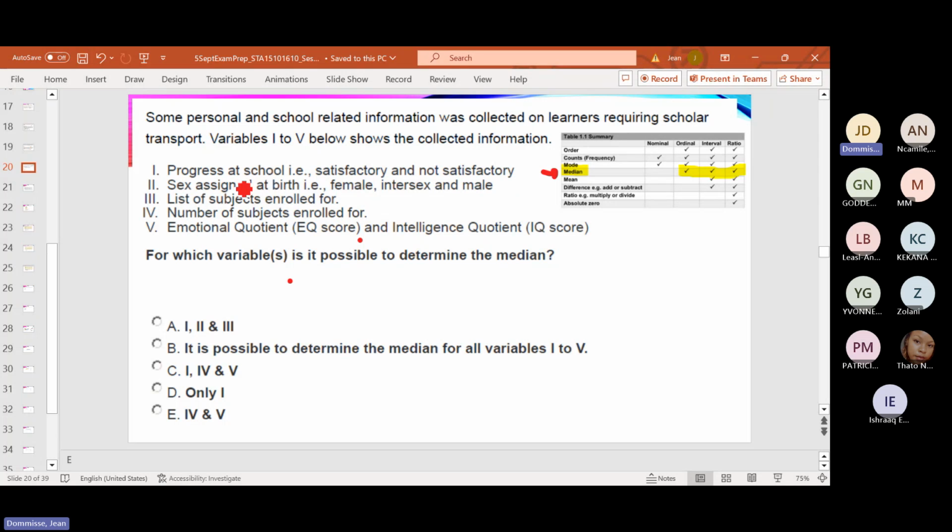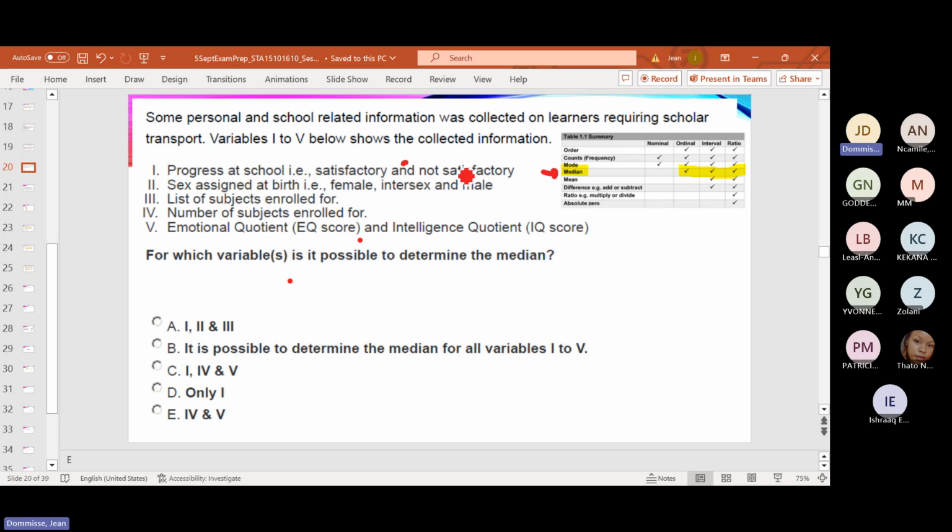So progress at school: satisfactory and not satisfactory. Okay, so satisfactory, not satisfactory is ordinal. Ordinal, we can work out a median.